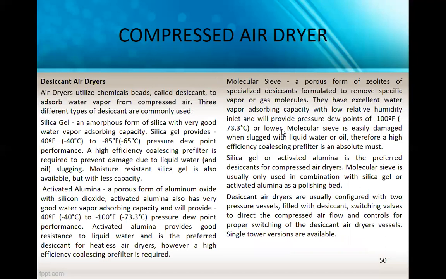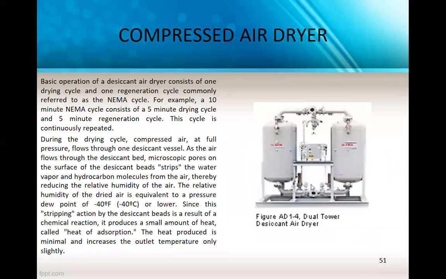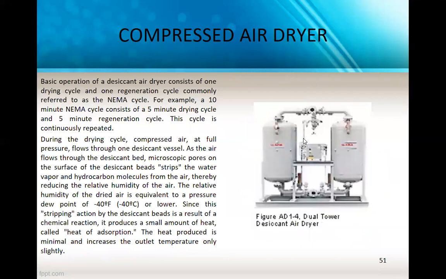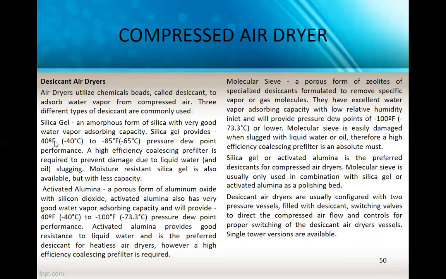Next is the desiccant air dryer. Desiccant air dryers utilize chemical beads called desiccant to absorb water vapor from compressed air. Three different types of desiccant are commonly used. In this picture, the inside, the desiccant, has been removed. There is silica gel, which is an amorphous form of silica with very good water vapor absorbing capacity.